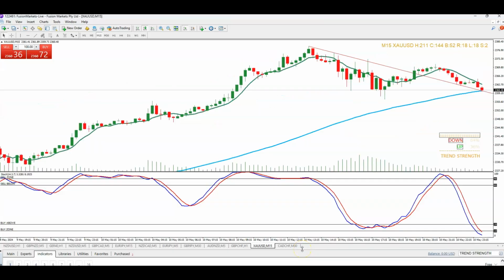So let's get on to the trading rules. The first thing that I will say is whenever the price moves into the 90 area, the sell zone, which is this area here, I'm interested in a sell, even if it's against the trend.